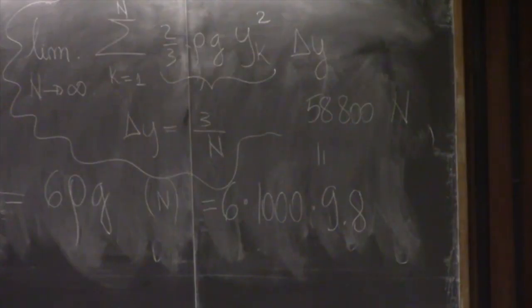Okay, so let's review a little bit what we did over here before we move over to the next example. So we had an object which was submerged vertically underwater, which means that the pressure is not constant along the object. We chose a vertical coordinate y, which just measures the depth from the top of the surface. And that enables us to compute two important quantities, the hydrostatic pressure and the hydrostatic force.